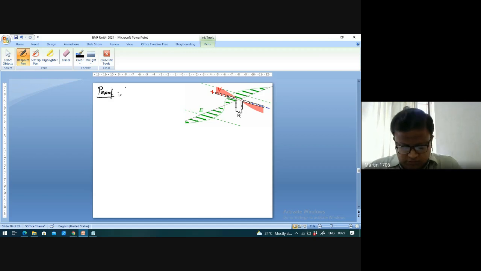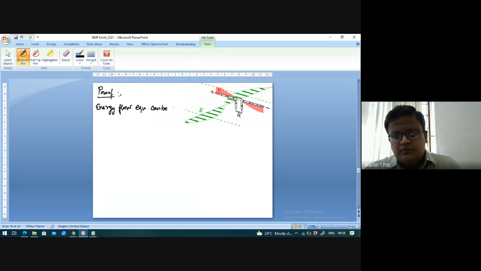The energy flow equation can be obtained from Maxwell's equations.